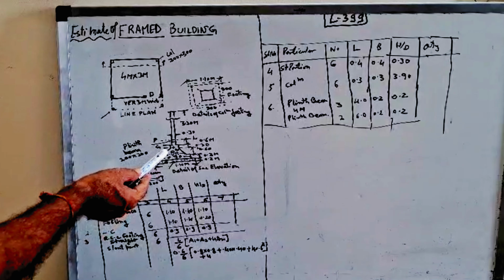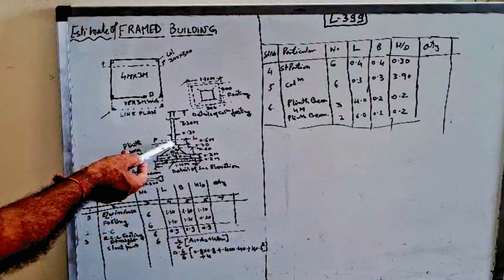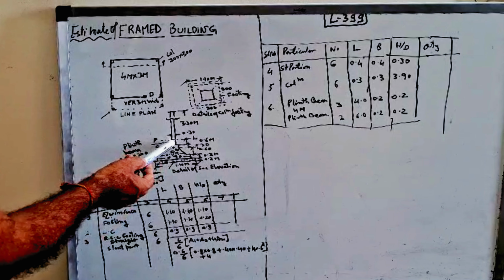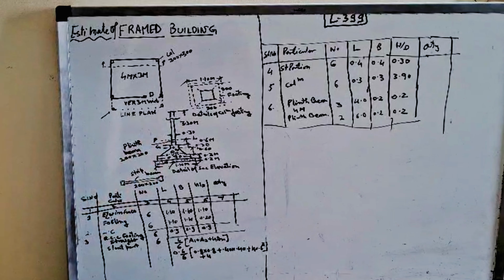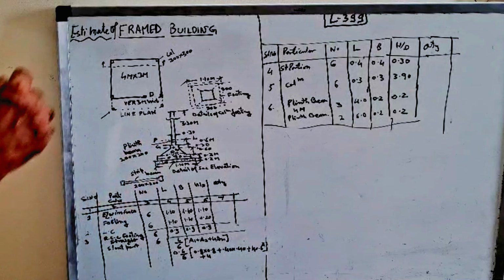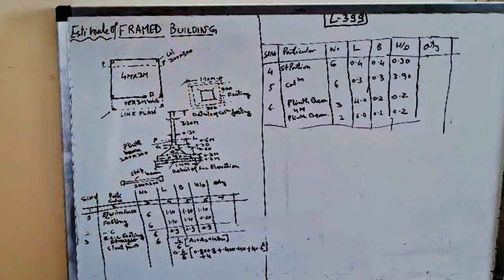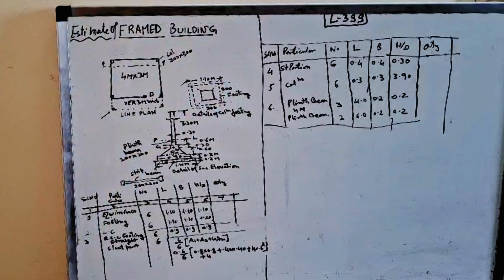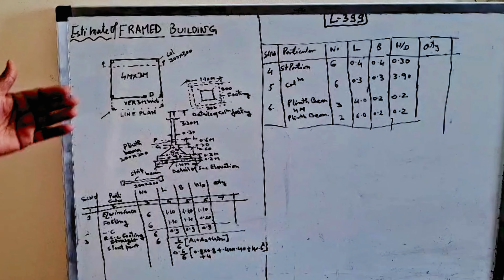So we provide a plinth beam below this, and in this way we can provide the plinth beam. On the plinth beam the brickwork can be done. So simple. How will you calculate the earthwork? We have tried to make you understand.